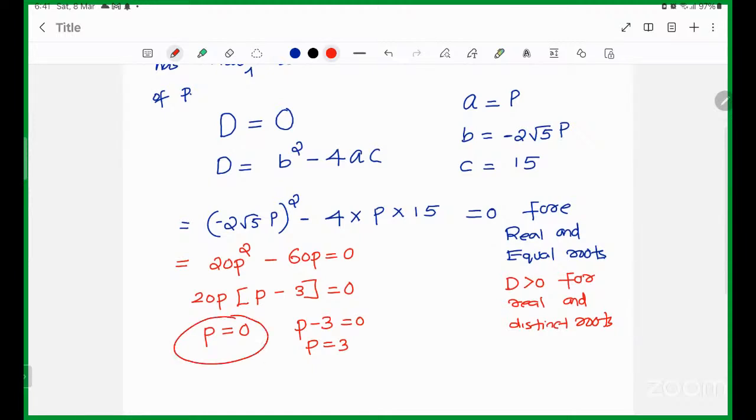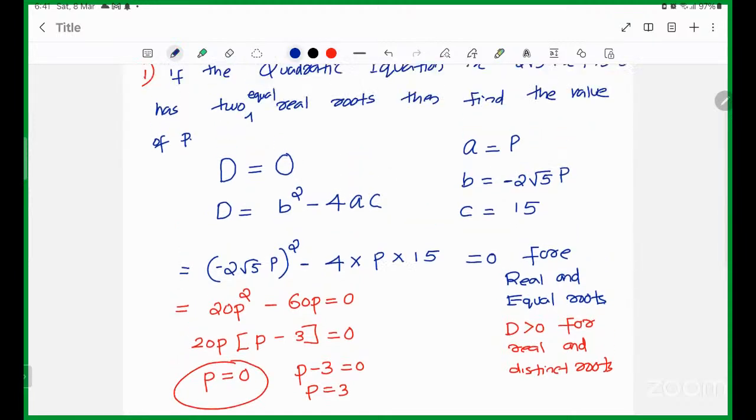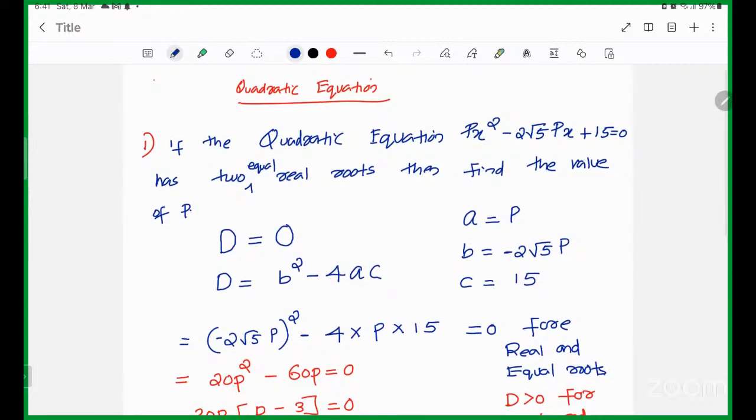Why? Because if you put p equal to 0, this equation becomes a constant polynomial. It cannot be a quadratic equation. When you consider a quadratic equation ax square plus bx plus c, a should not be equal to 0. That is the condition.